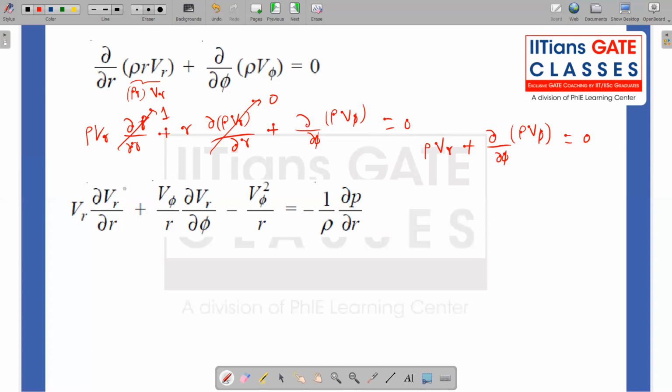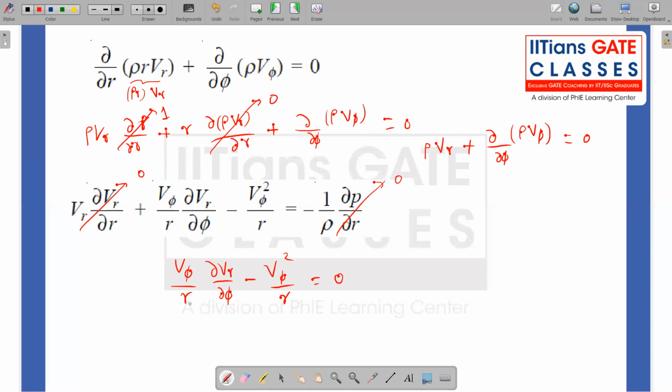Similarly, in the R momentum equation, this part vanishes, this part vanishes. So I am left with V_φ/R times ∂V_R/∂φ minus V_φ²/R equal to 0.